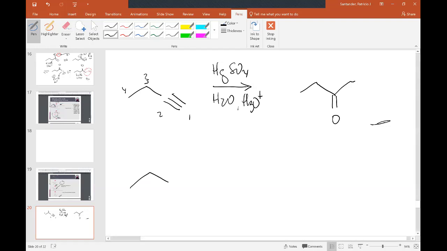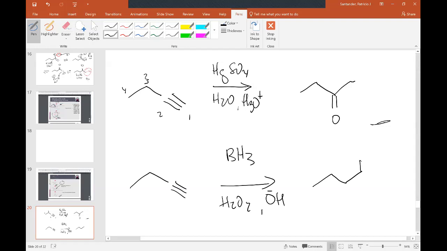If I was performing the same reaction and the same starting material, but with BH3 followed by hydrogen peroxide under basic conditions, the result will be that I will get a 4 carbon atom compound, still a carbonyl group, but in this case it will be an aldehyde. And here is a ketone.